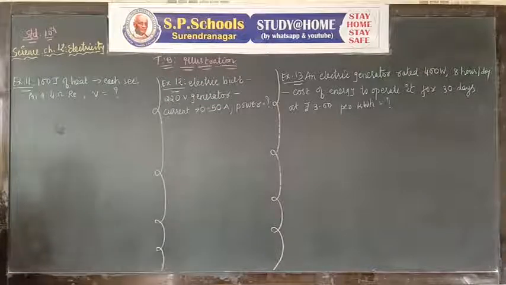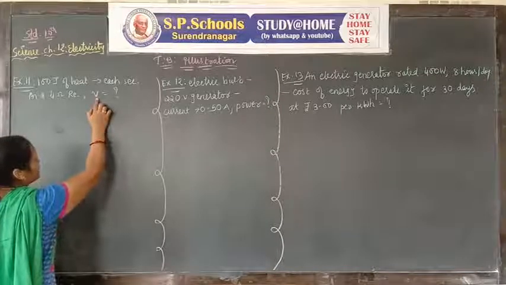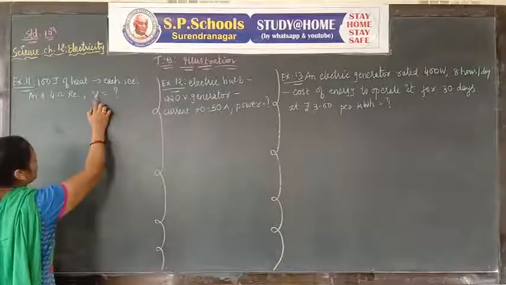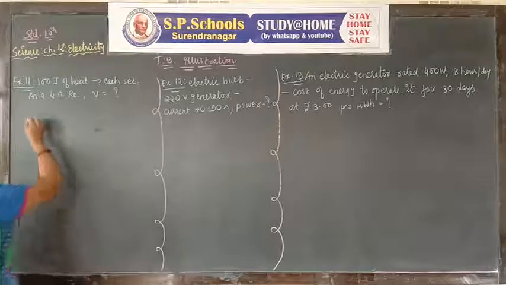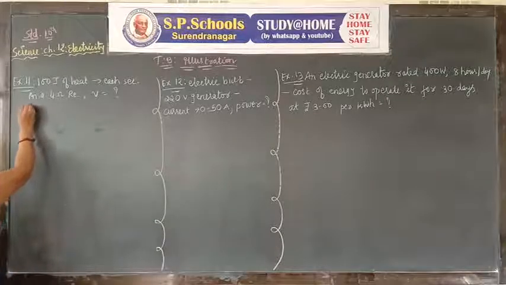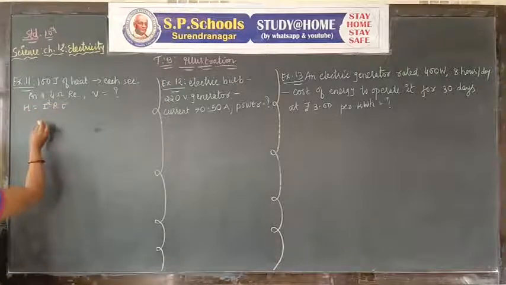We have the formula H is equal to I square RT, but here we have the formula R is equal to V upon I, but here we don't have electric current. So first we find the current with the help of the formula H is equal to I square RT.